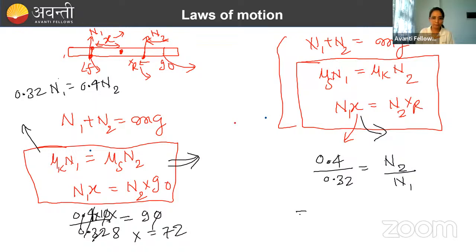Just check with that here, please. So N2 by N1, X equal to X is 72. N2 by N1 is how much? If I'm going to cut it, this will become 10 by 8 into XR. So how much value you're going to get? 6.